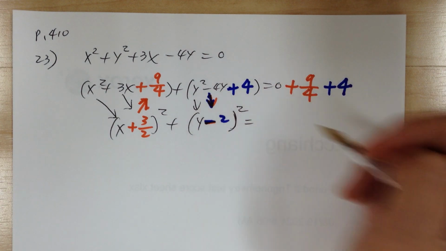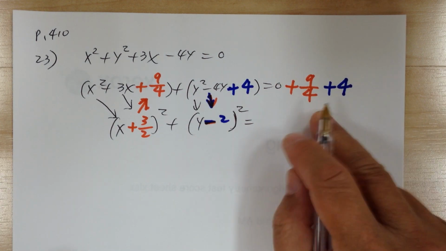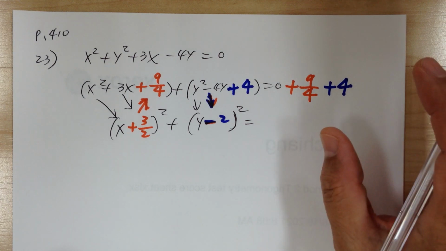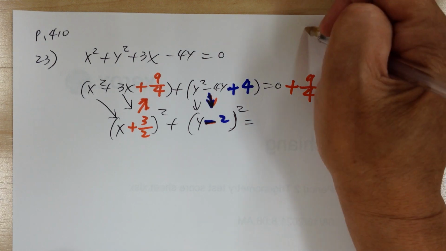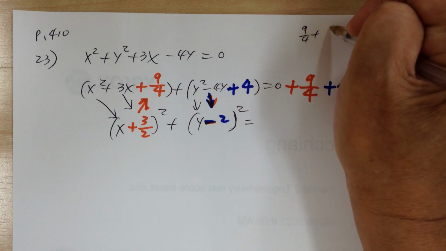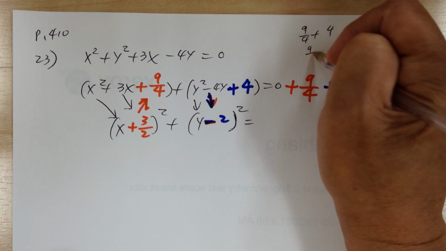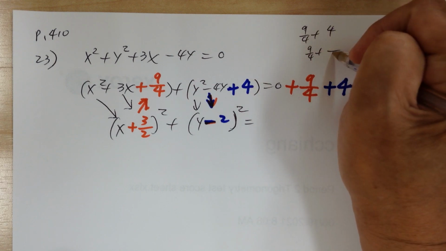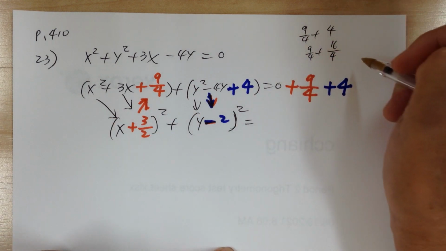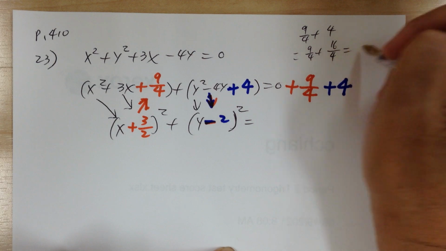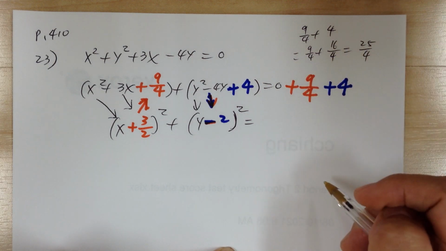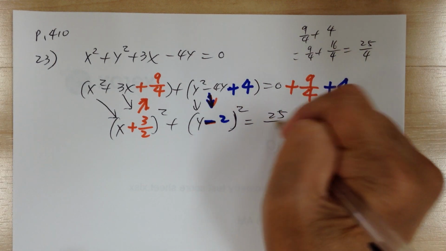Now to do this, you can use your calculator or go off to the side. You've got 9 over 4 plus 4. Get a common denominator, so it would be 16 over 4. So this will equal 25 over 4.